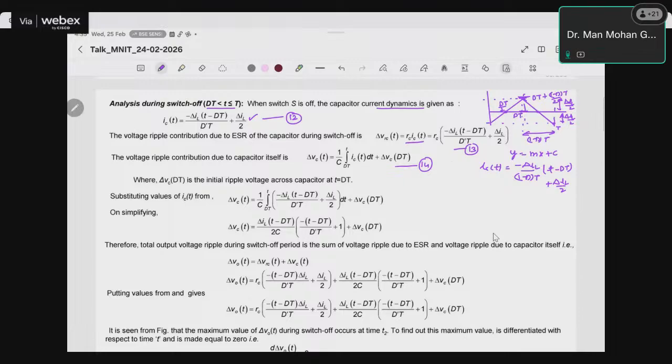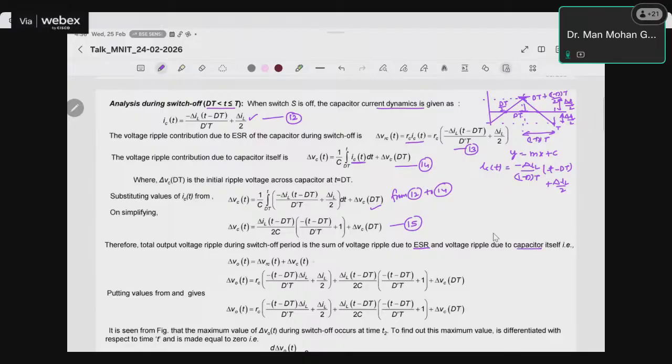Now we can put the value of IC in these two expressions. So here in this expression, if I put back this value of IC, from 12 to 14, putting the value from 12 to 14, we get this expression, right? Just we have put the value of IC, and we can simplify this. So after simplification, we have got del Vc, right? Therefore, the total output voltage ripple during the switch off period is the sum of the voltage ripple due to ESR and the voltage ripple due to the capacitor.